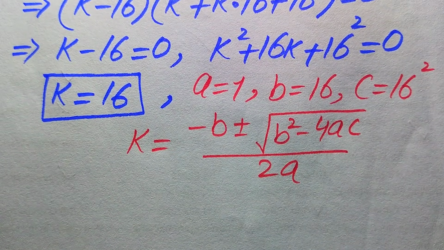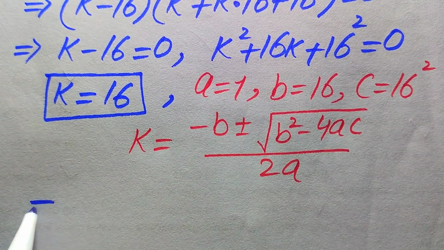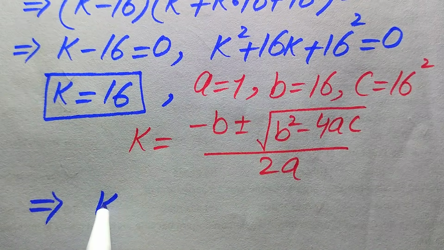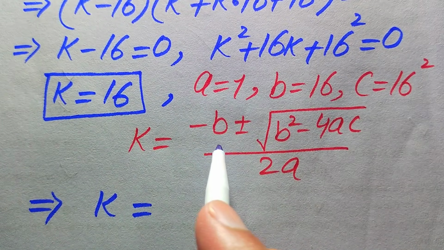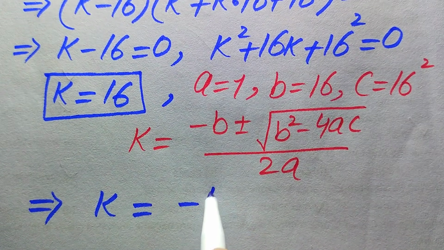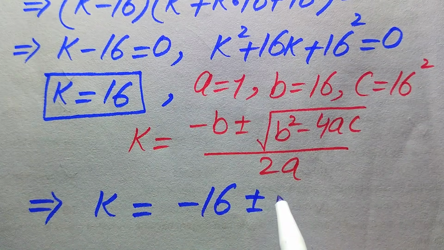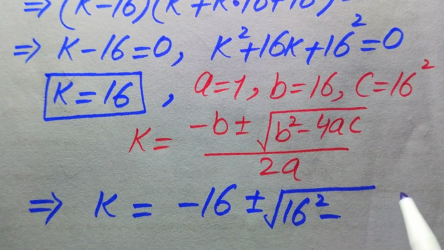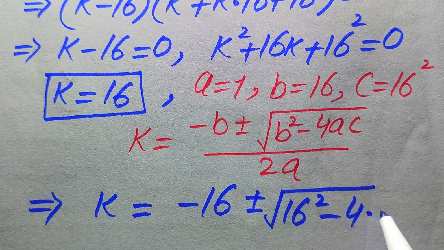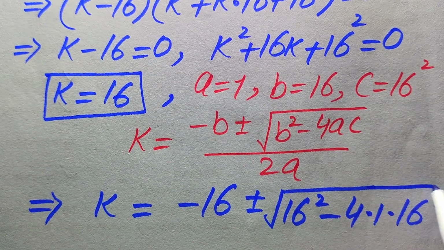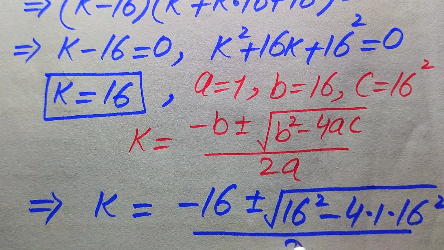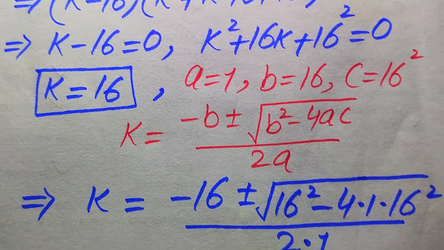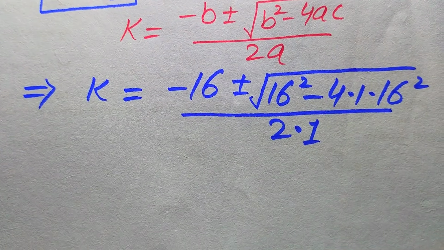So this is our quadratic formula, and here we substitute all the values of a, b and c, and we get k equals minus 16 plus minus square root of 16 squared minus 4 times 1 times 16 squared, divided by 2 times 1.